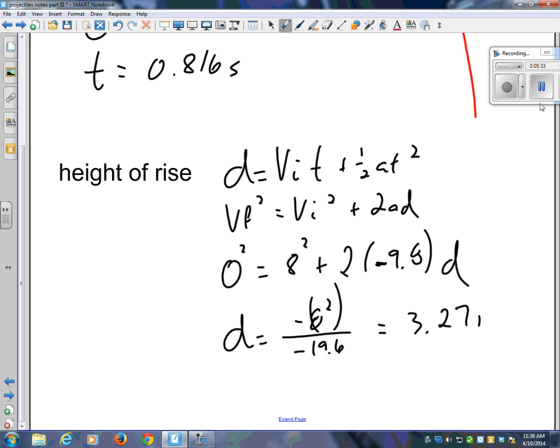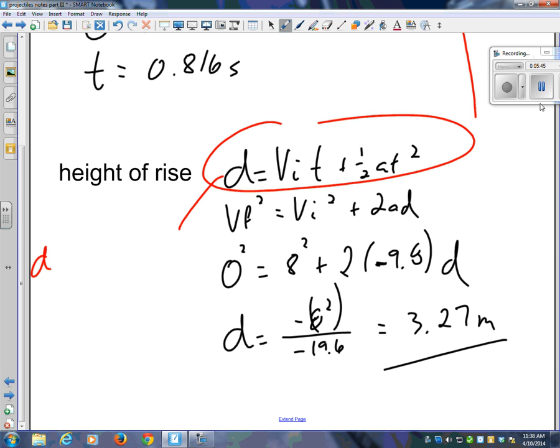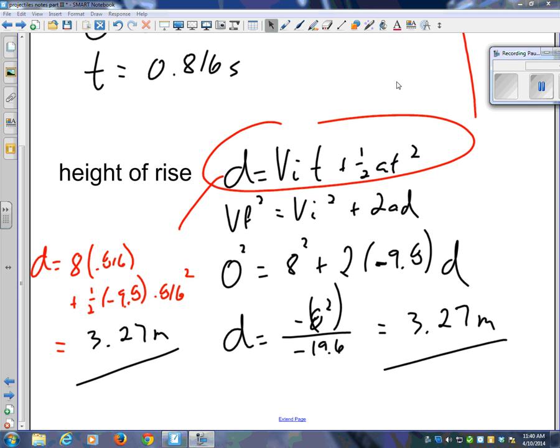But it should be 3.26. 3.27 meters, is that what you got? Sean's wondering if this would have given us the same thing. Should be 3.27. Height of rise.